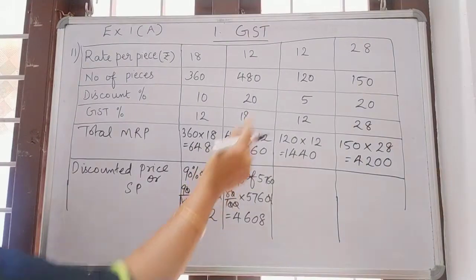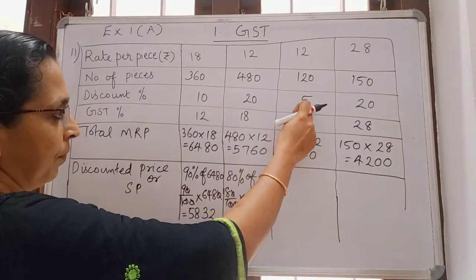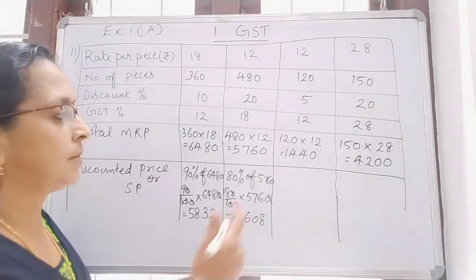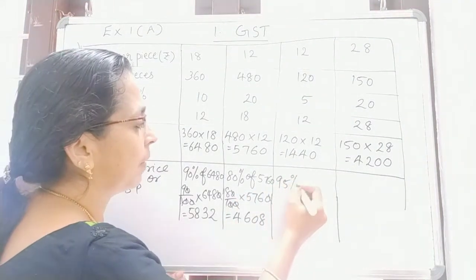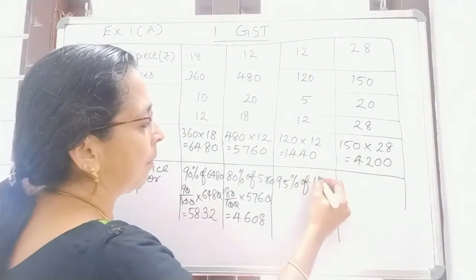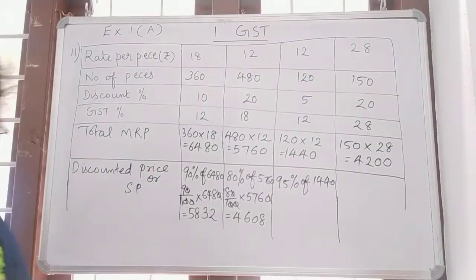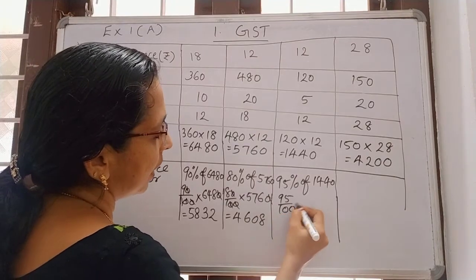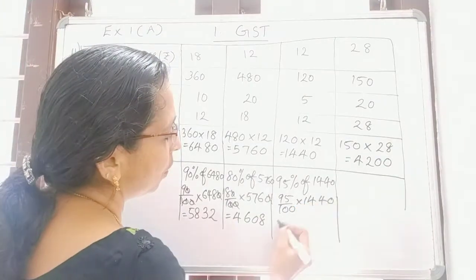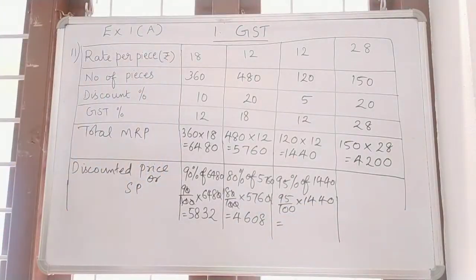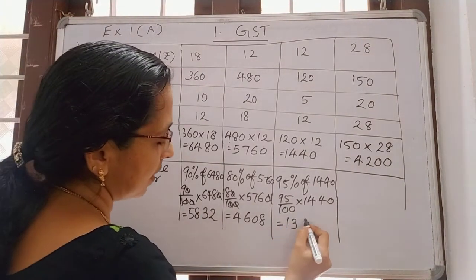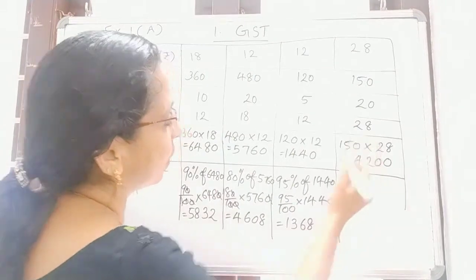Similarly, 5% discount, so it will be 95% of the total MRP 1440. So that is 95 by 100 into 1440. Here the answer is 1368. Do all the calculations in the working column.